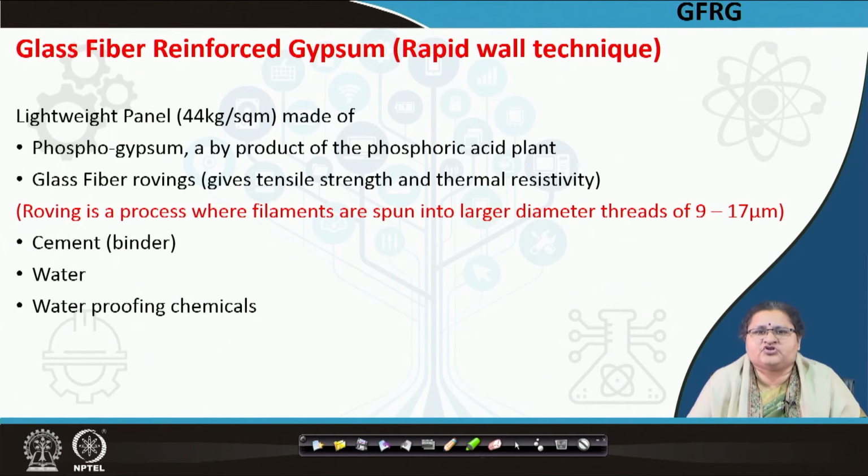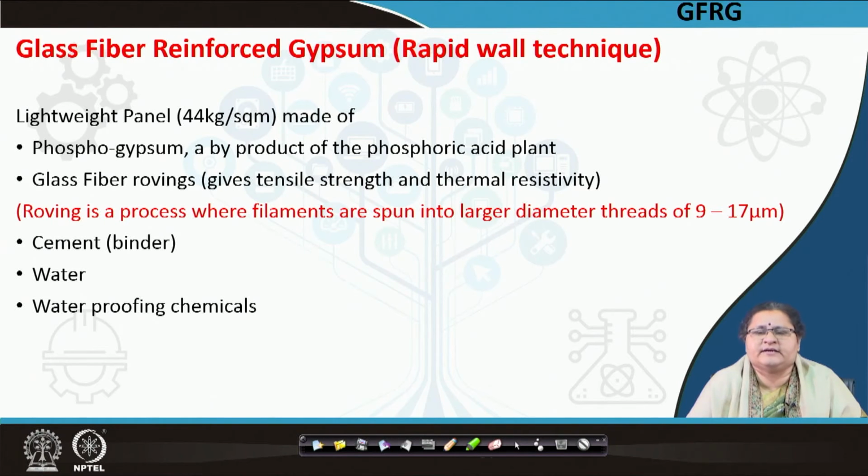So, you can actually insert these kind of rovings in gypsum. Even then they will remain lightweight. Panel weights are, you can see, 44 kg per square meter and made from obviously gypsum as the major thing and the glass fiber rovings.